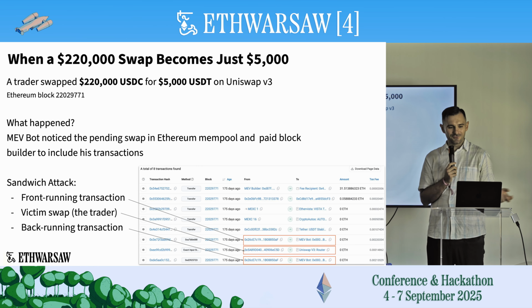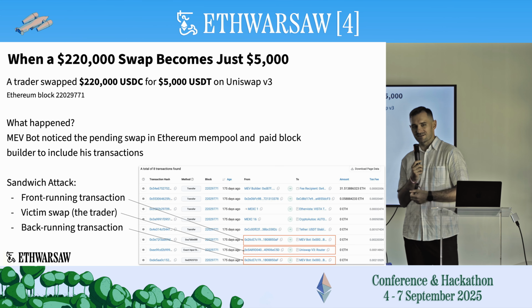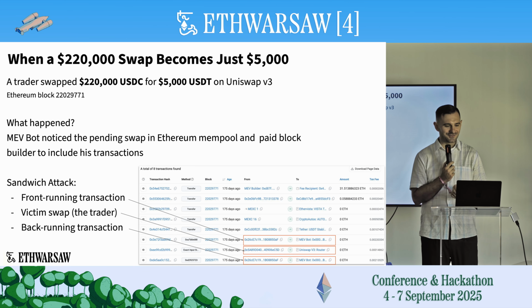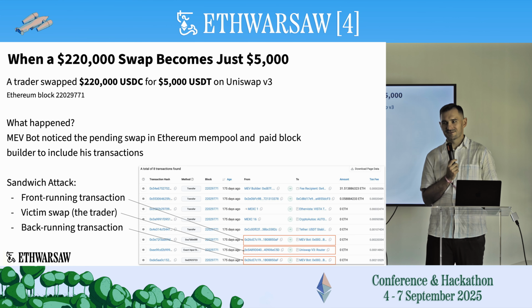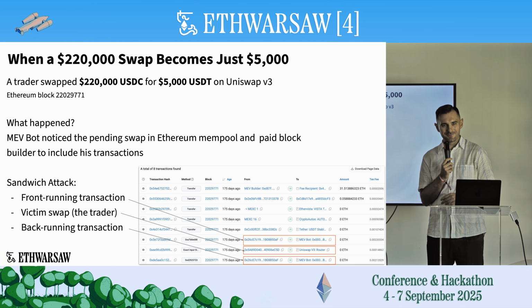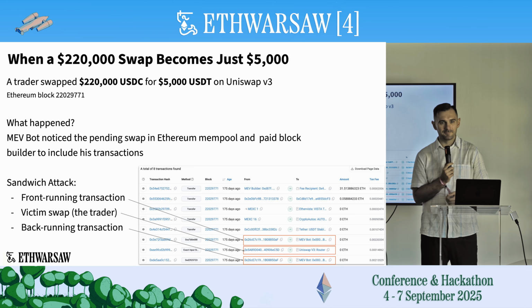So you'd expect that for 220,000 USDC, you will receive also around 220,000 USDT. However, to the big surprise of that trader, he received only 5,000 USDT. So a very simple trade, just a swap of one stablecoin into another one, and all of a sudden, most of the money disappeared.